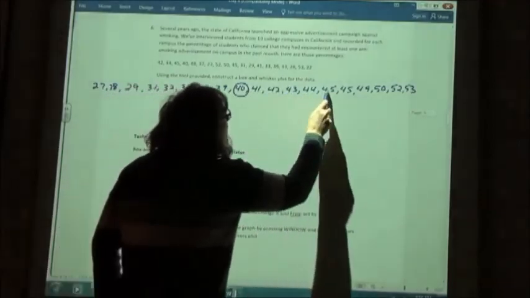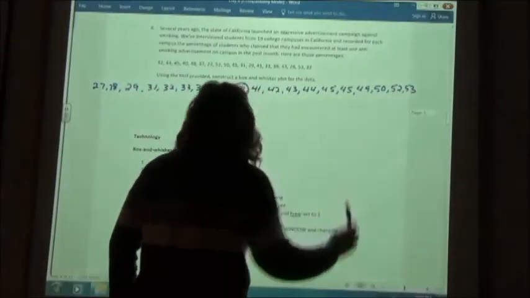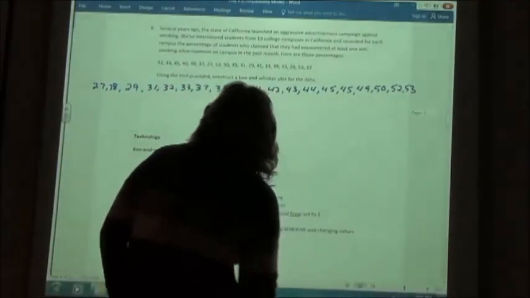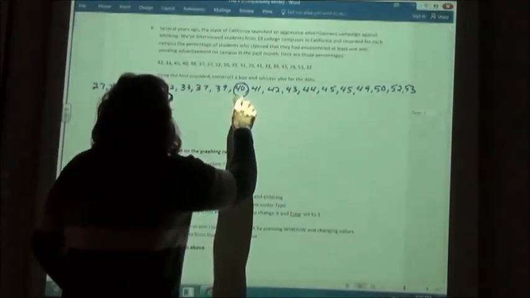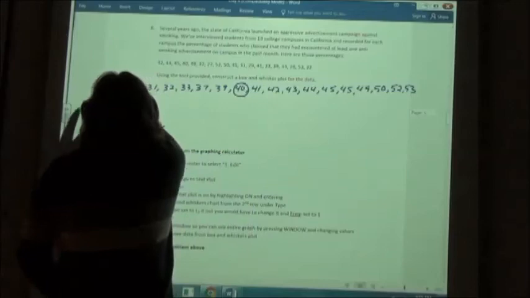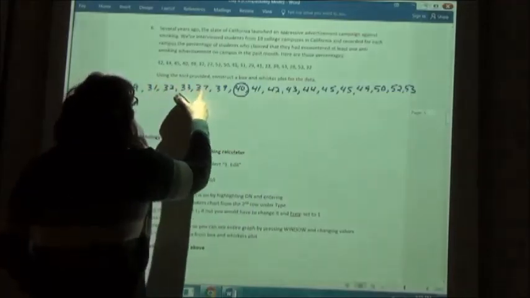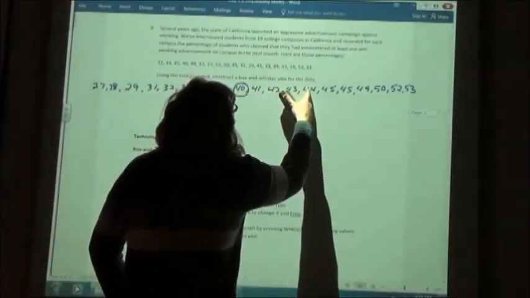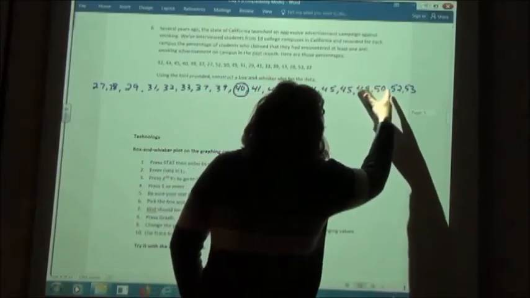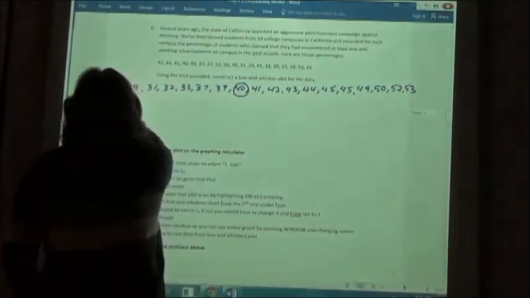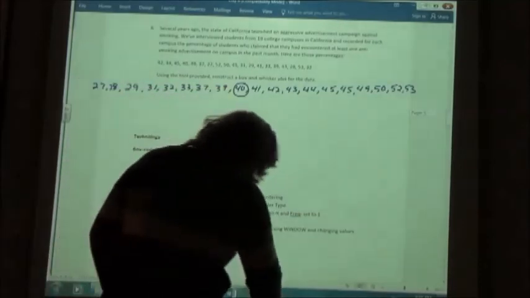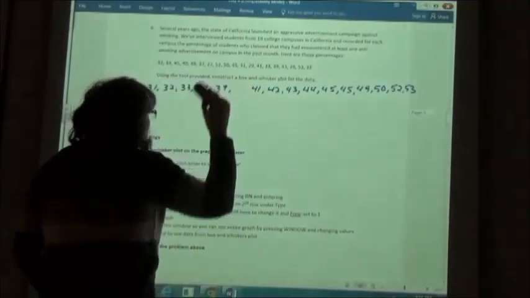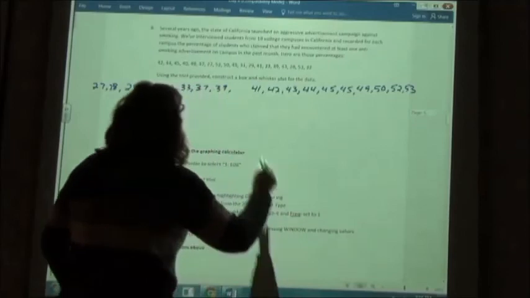Whoops, nope, that's not right, unless I don't have my numbers written down right. 19, half of 19. Yeah, there's 19. We gotta go 10. Half of 19 would be 9.5, right?